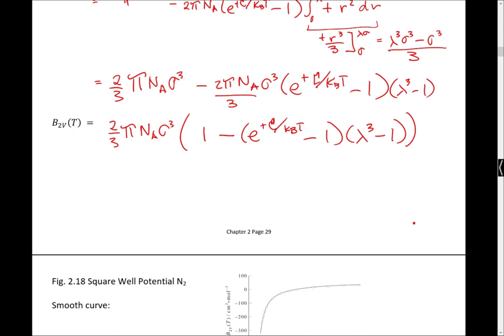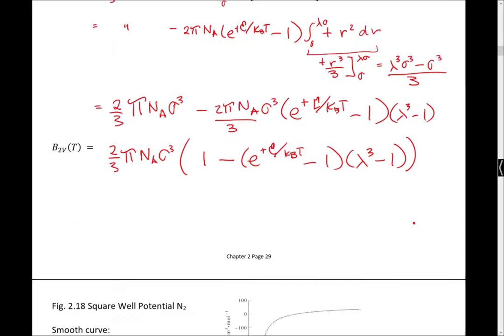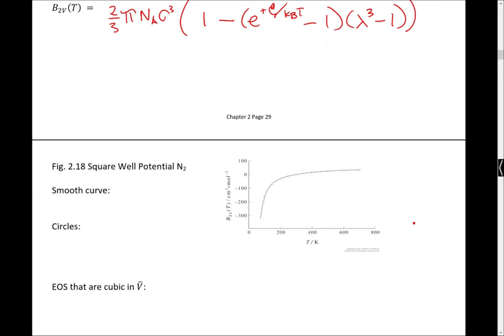Think about what we've done. We've basically put together a very simple potential interaction, and that's shown in this next graph. What we've got is the square well potential for the molecule nitrogen. We're looking at the second virial coefficient as a function of temperature.